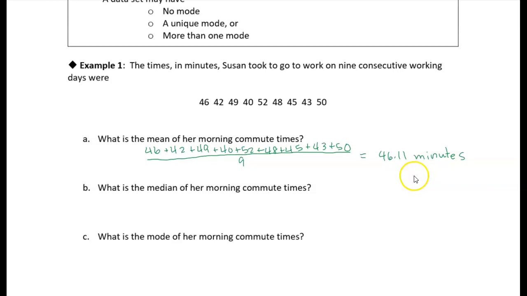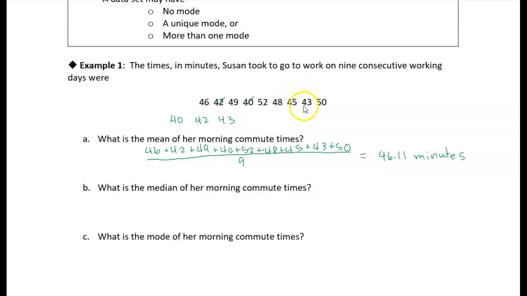Now, if we want the median, then we have to find the middle, and we have to rearrange these because they're not in order. So let's go through this and rearrange it. It looks like 40 minutes is the lowest, so I'll list that first and cross it out. The next is 42, so I'll cross that out, and then there's a 43.